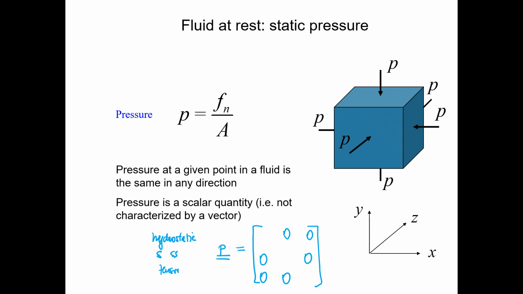Doesn't matter. For hydrostatic pressure, it doesn't matter in which direction. So all of the others are P. Ain't that a beautiful, simple tensor? And that's why we think about pressure as a scalar, because one number describes it. Right?